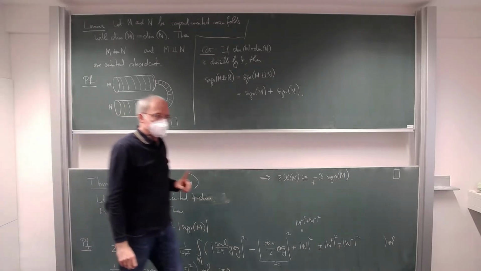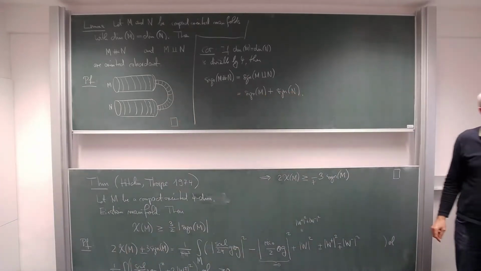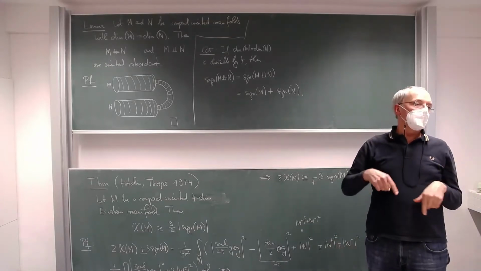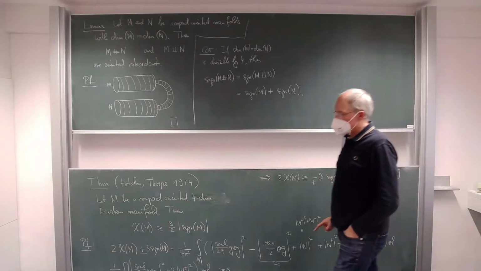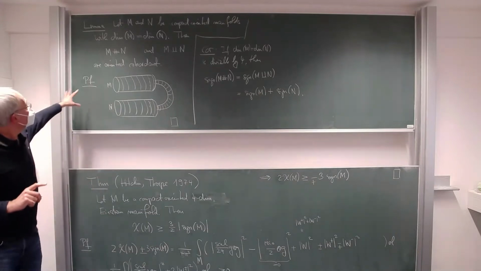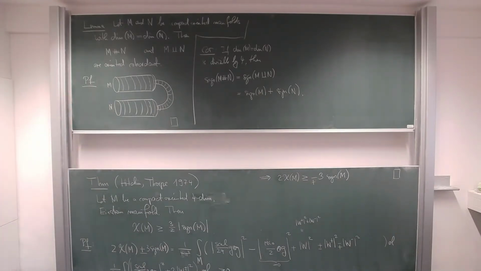Unlike the Euler number. Last time we had a formula for the Euler number, and when we computed that, if we take the Euler number of the connected sum, we have the sum of Euler numbers minus 2 in even dimensions. And in fact, this formula from last time shows us, now that we have this lemma, that the Euler number is not a cobordism invariant, right?